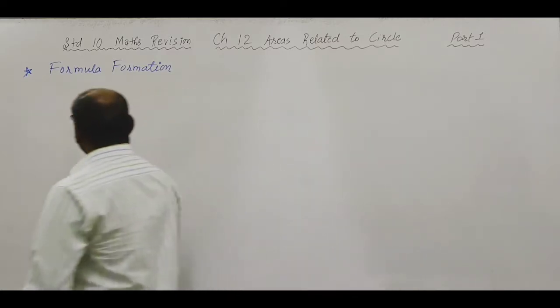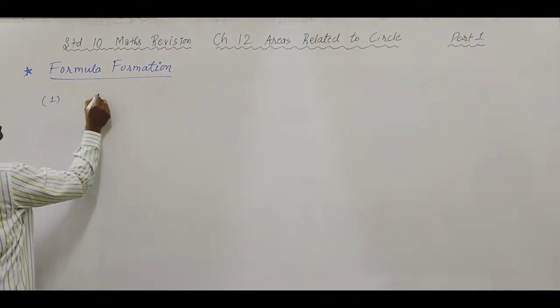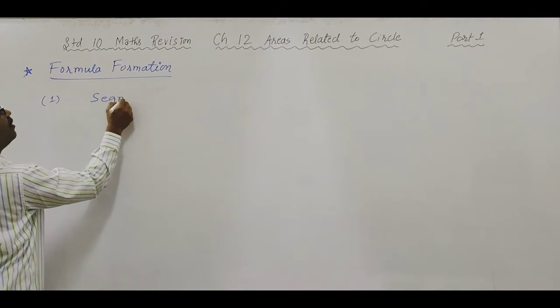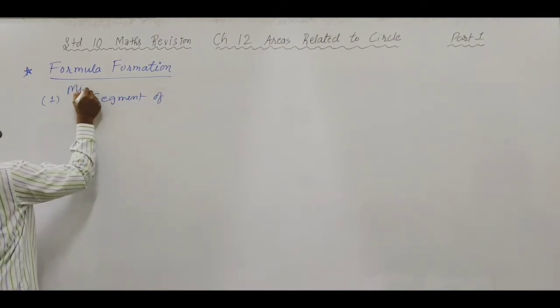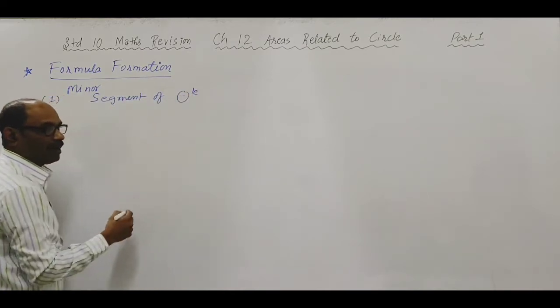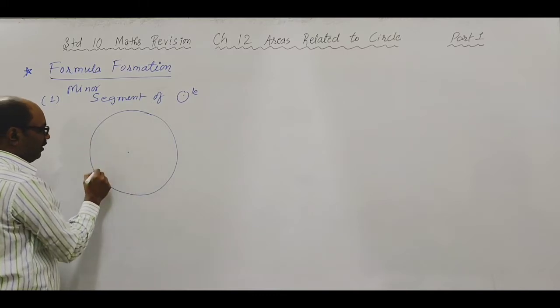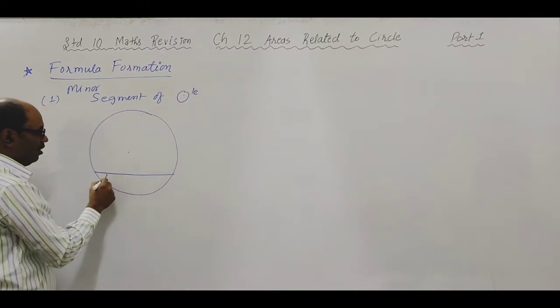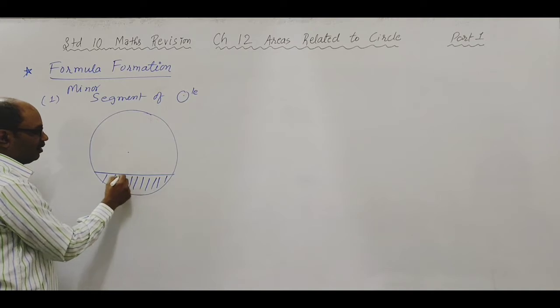Now, formula derivation and first, segment of circle. Let me talk about minor segment. Minor segment of circle. Here is the figure. This is circle, center, and here is one chord. This is segment of the circle.